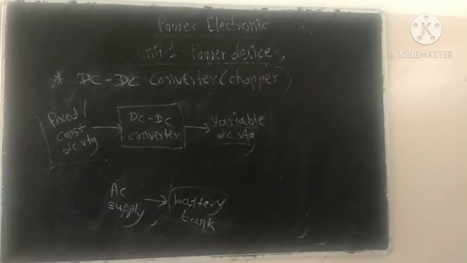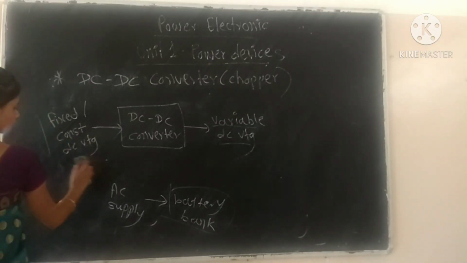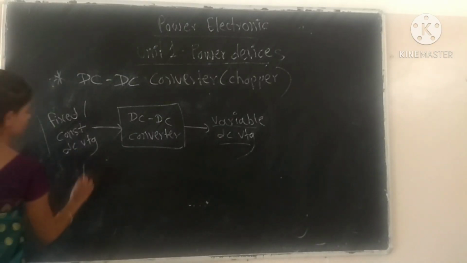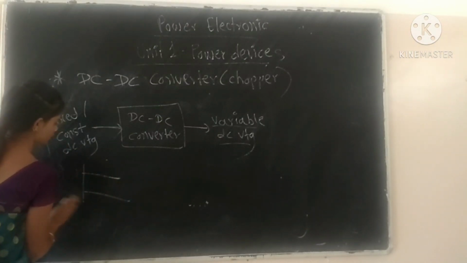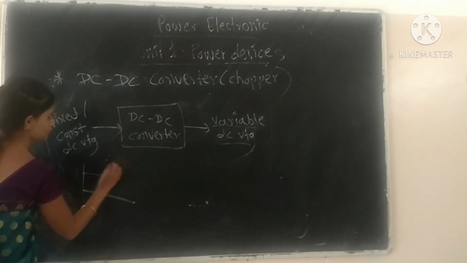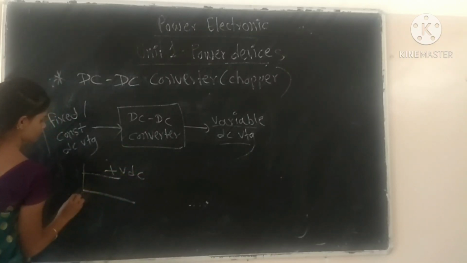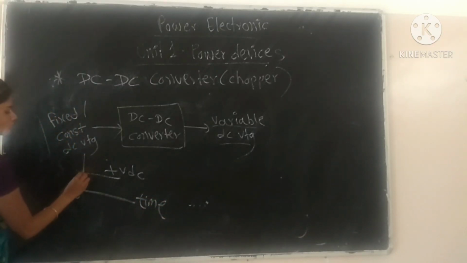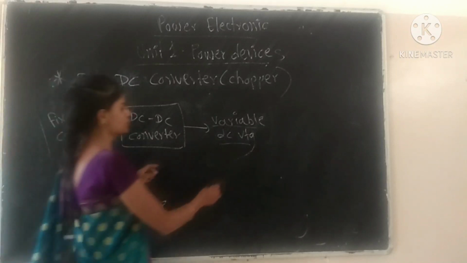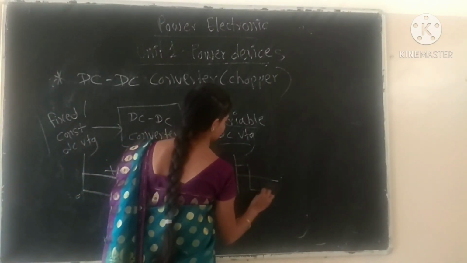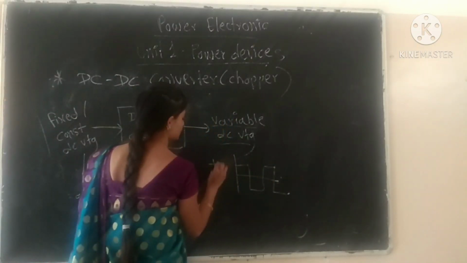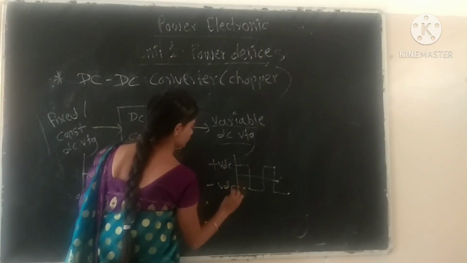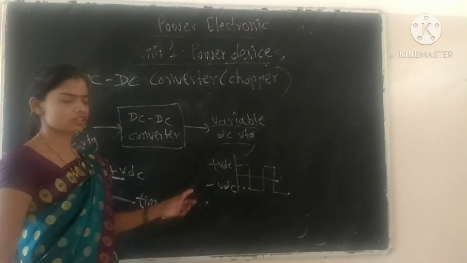Means the input waveform is here. Suppose the fixed DC voltage is like this, plus VDC, against time T. Here is the constant DC voltage, and here the variable DC voltage is like this, plus VDC and minus VDC, variable in nature.